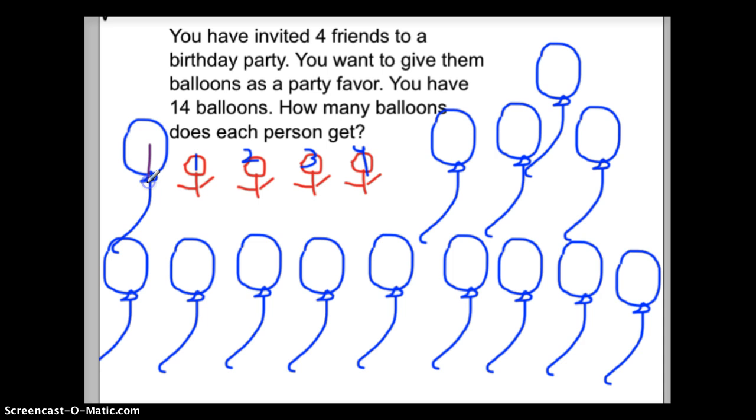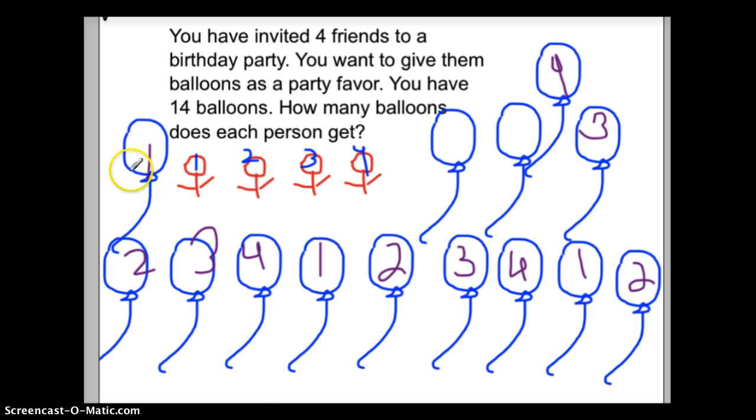So person number 1 would get this balloon, second person, third person, fourth person. 1, 2, 3, 4. 1, 2, 3, and 4. And then we should notice that there's 2 left over. There's not 4, so I can't give person 1 a whole and person 2 a whole. That wouldn't be fair. We can't share those, so we're going to stop right there for now.